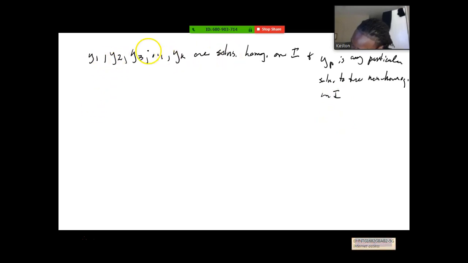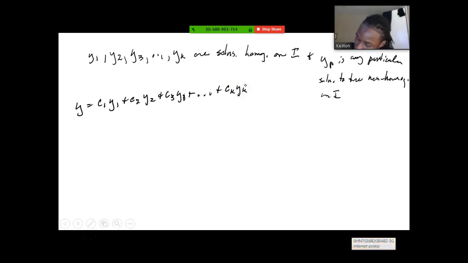These are solutions for the homogeneous case, so just like we did before, your general solution y is going to be some linear combination of them: c1 y sub 1 plus c2 y sub 2 plus c3 y sub 3 plus ... plus c sub k y sub k.